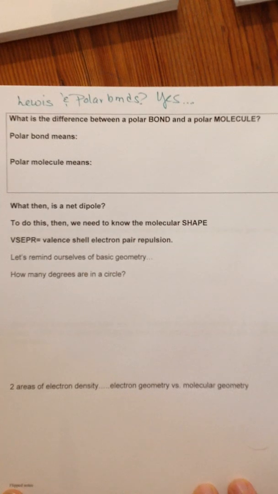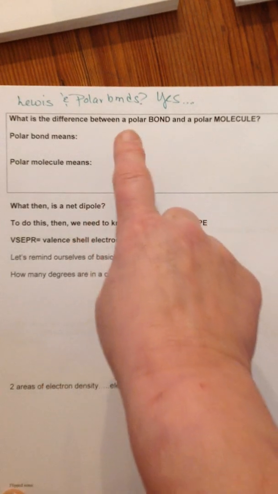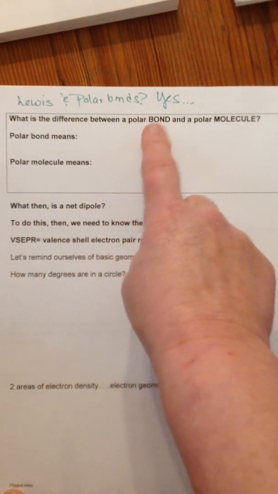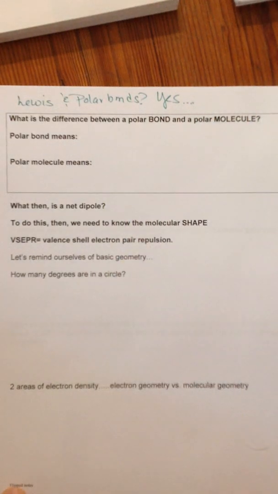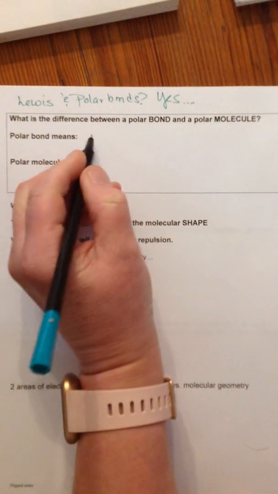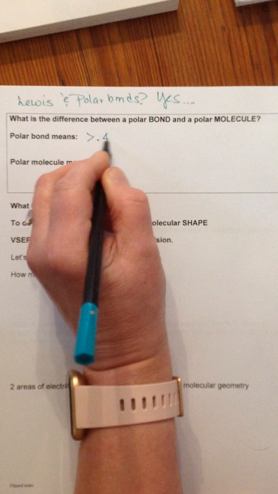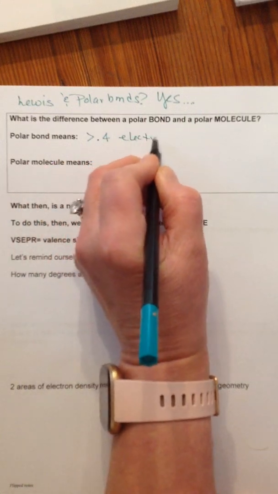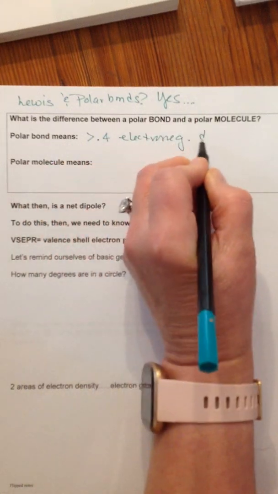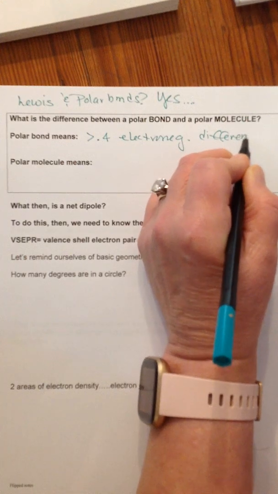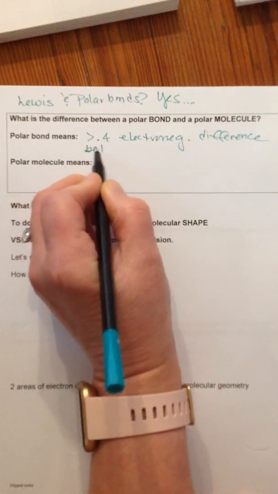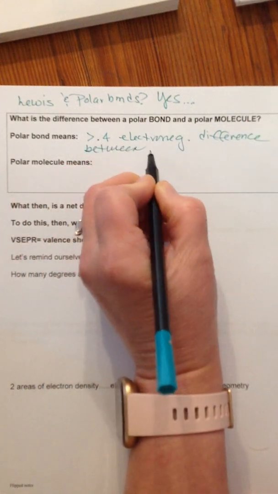Okay, so moving forward, what we want to know is that there's a difference between a polar bond and a polar molecule. A polar bond means there's greater than 0.4 electronegativity difference between elements in the bond.